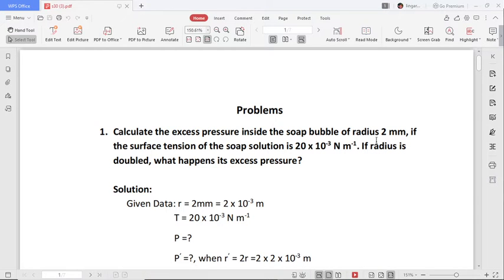The first problem carries 5 marks. If you know the basic concepts and the theory background of the particular concept, we can easily attend such kinds of problems.